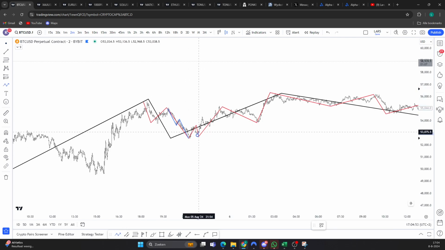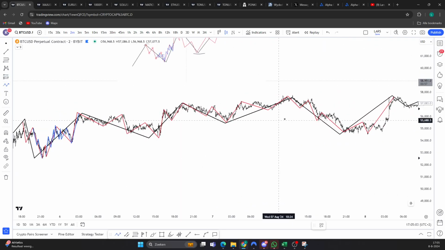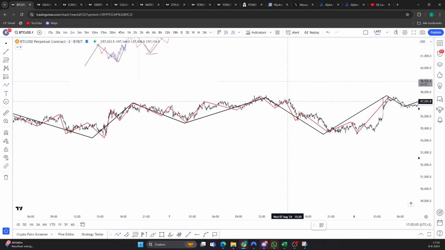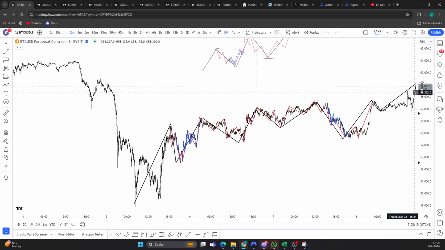And this little move up also has structure. And this little move down also has structure, right? And I can continue, guys. This red drawing down, this move down also has structure. Little upward structure, little downward structure again. You can apply structure over structure.